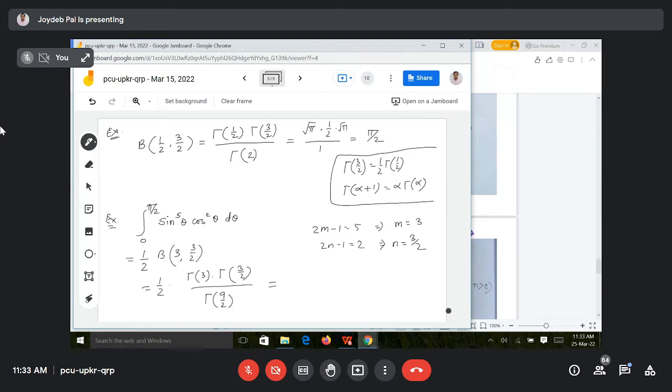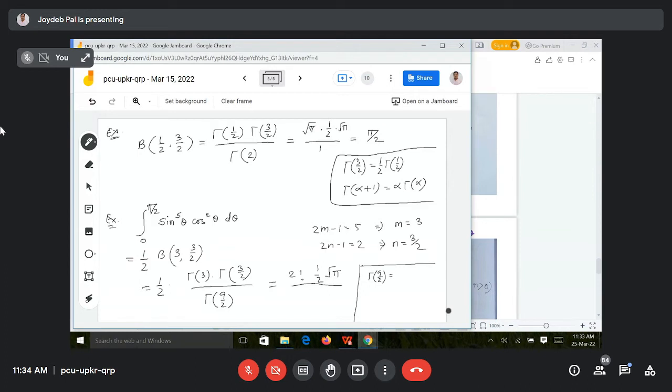Now separately find the values. Gamma 3 is factorial 2, and gamma 3 by 2 means half gamma half, so 1 by 2 into root pi. Now you find the value of gamma 9 by 2. It needs some time. Think of gamma 9 by 2 as gamma alpha plus 1.